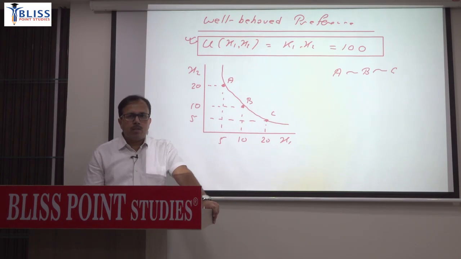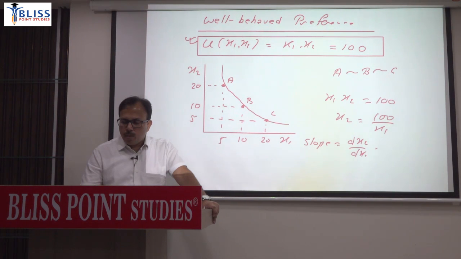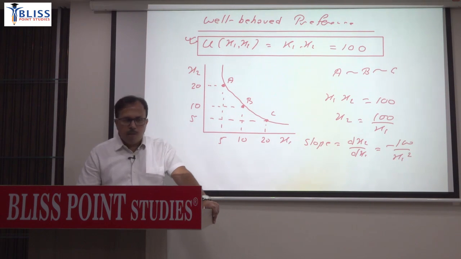Slope is always what? dy by dx. So if we have written the equation x1 into x2 is equal to 100, I can write x2 as 100 upon x1, and to calculate slope you can differentiate it with respect to x1, so that will be minus 100 upon x1 square.